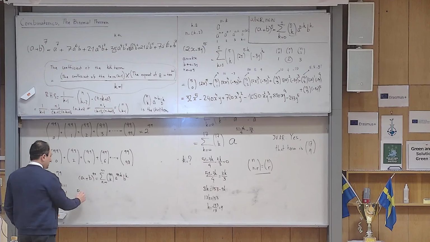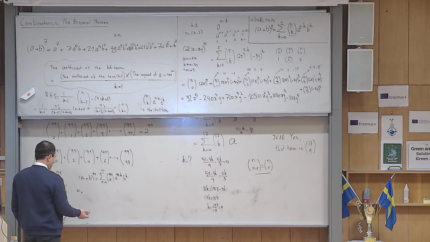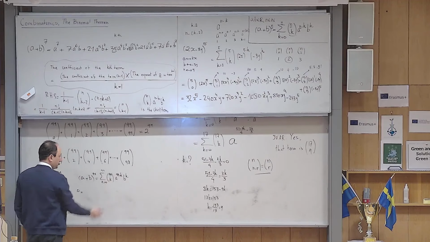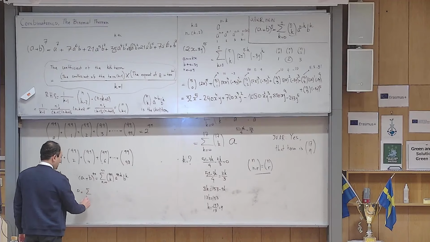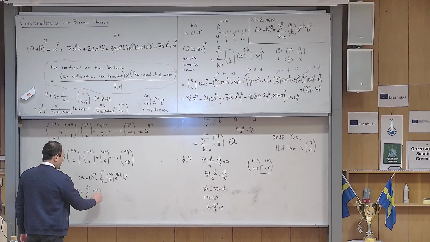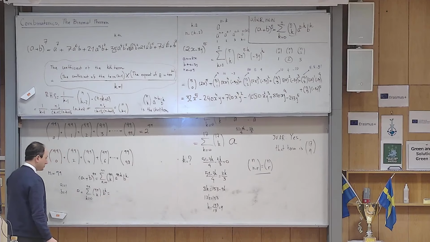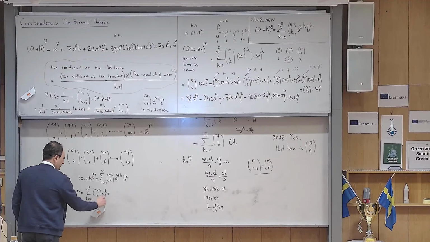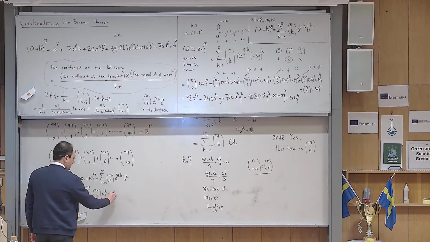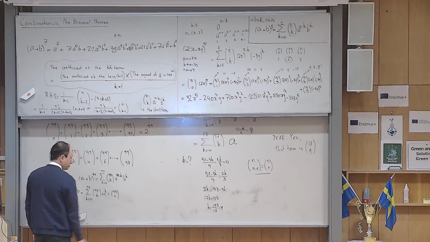So the right-hand side becomes what? I don't need to consider a because a is 1. So I only consider the sum, k goes from 0 to 99, 99 choose k, and then I have b to the power k. If I expand this, by the way, b is minus 1. The first one becomes 99 choose 0.